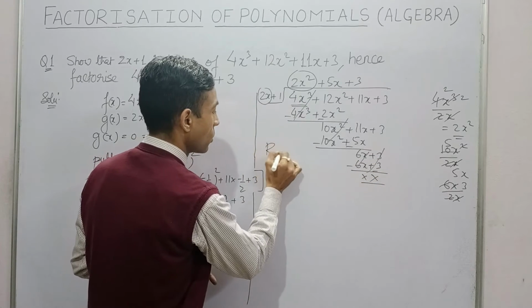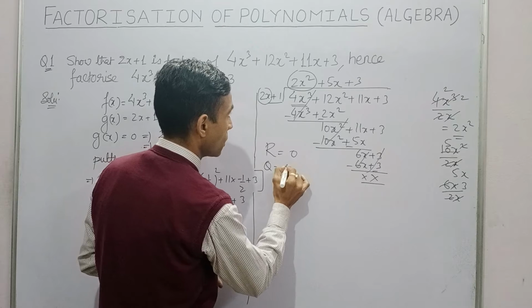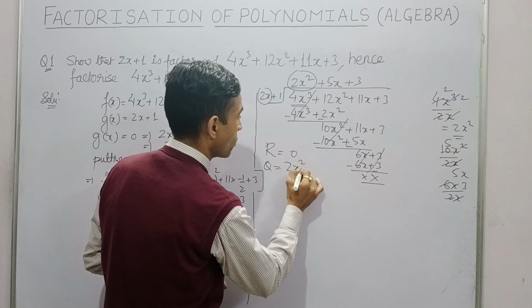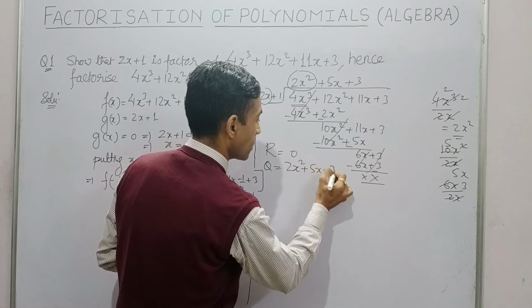So the remainder is 0 and the quotient is 2x square plus 5x plus 3.